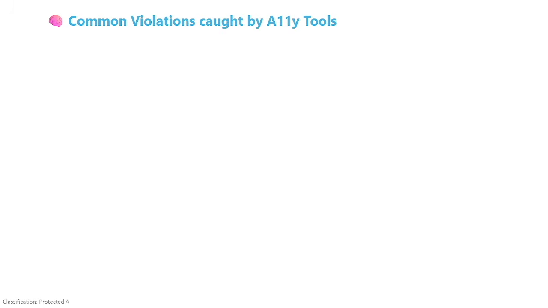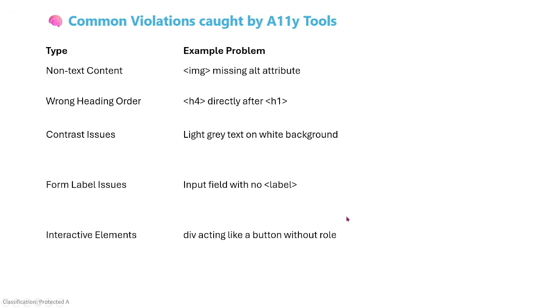Common violations caught by A11Y tools. Here is a table, here are examples. First is no text content, generally for the image tag, missing alt attribute. Heading order issue, H4 directly after H1.